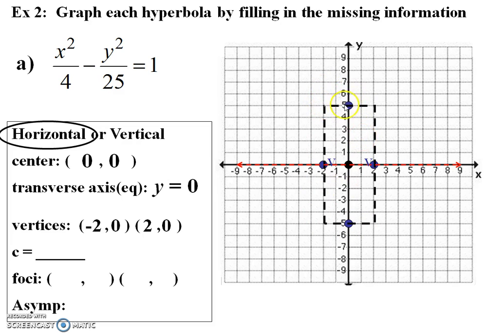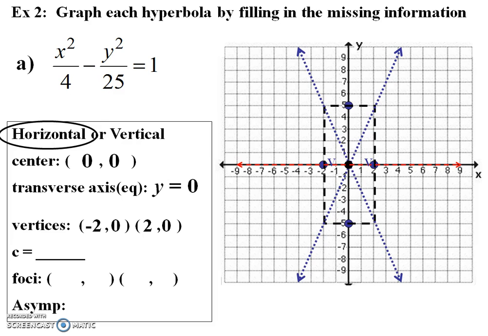So we're still going to go up and down and left and right from our center according to the square root of these numbers that are over here. But only 2 of those points are called the vertices, depending on what kind of hyperbola we have. The other 2 just help us to create the box, and then we're going to use our ruler and go through the center and the corners of our box, and that is how we get our asymptote lines.